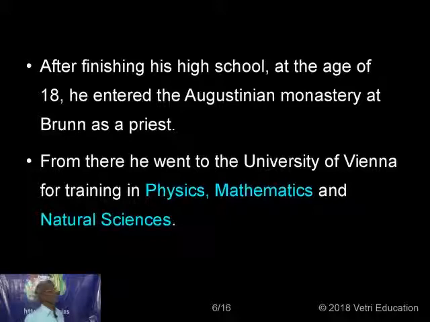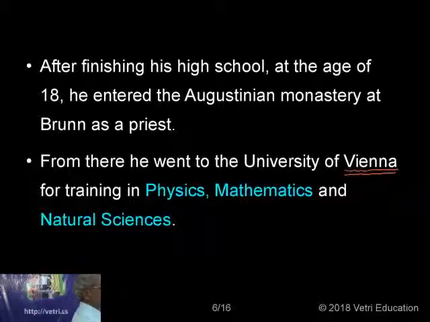After finishing his high school at the age of 18, he entered the Austrian monastery at Brno as a priest. From there, he went to the University of Vienna for training in physics, mathematics, and natural science.